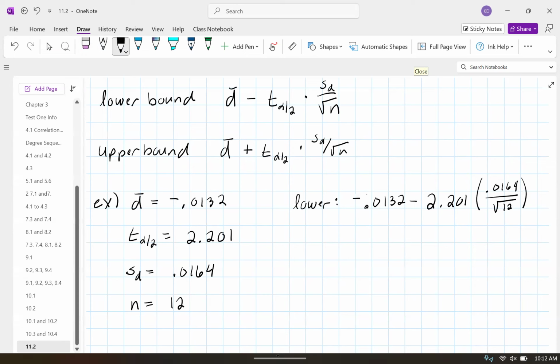This is a calculator problem, so negative 0.0132 minus 2.201 times 0.0164 divided by root 12. Oh, good. So this is going to equal negative 0.0236.